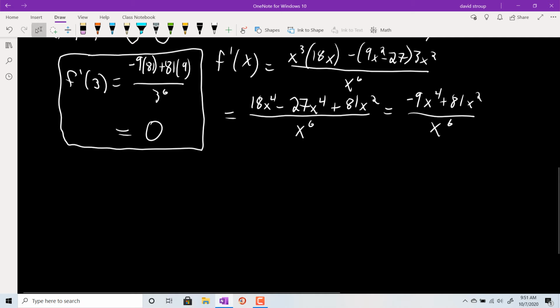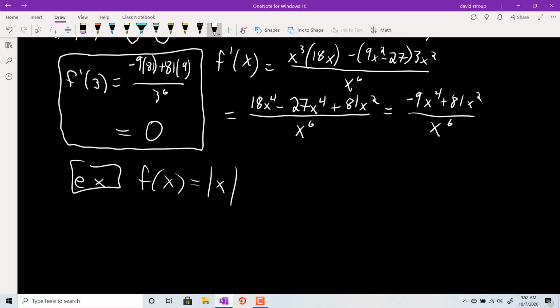In particular, if we look at another example, here we'll look at the absolute value function, right? This thing clearly has a minimum at 0. So here it has a min. But it's not differentiable there.